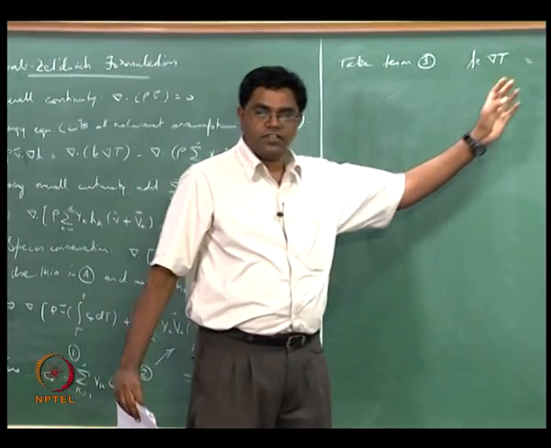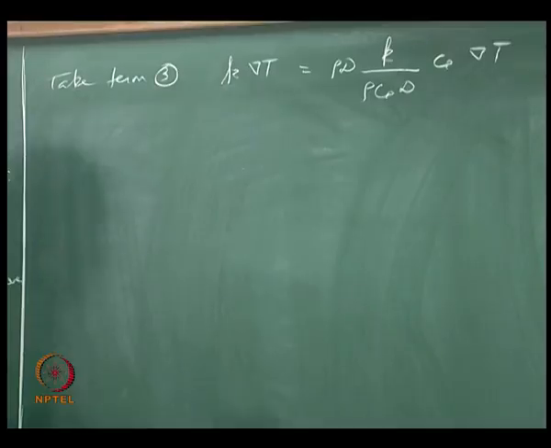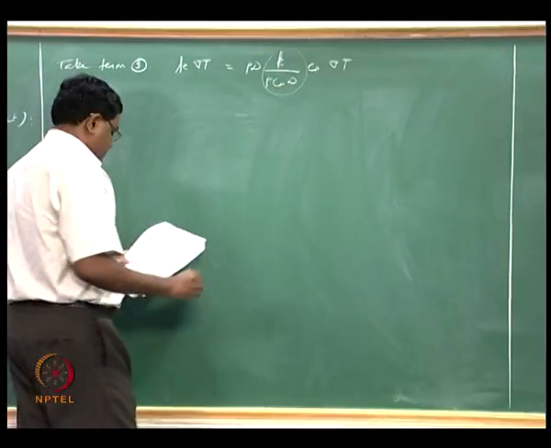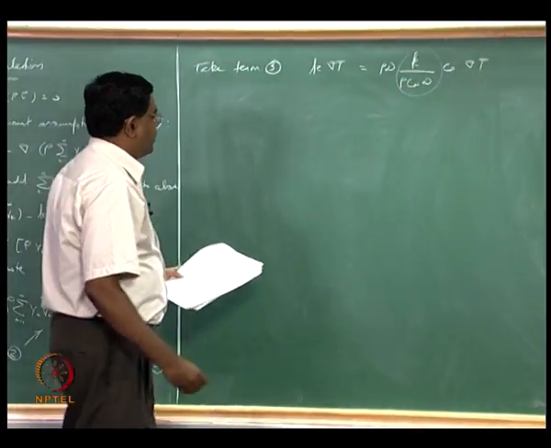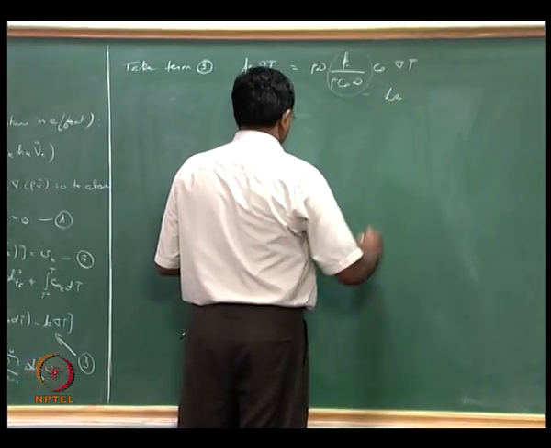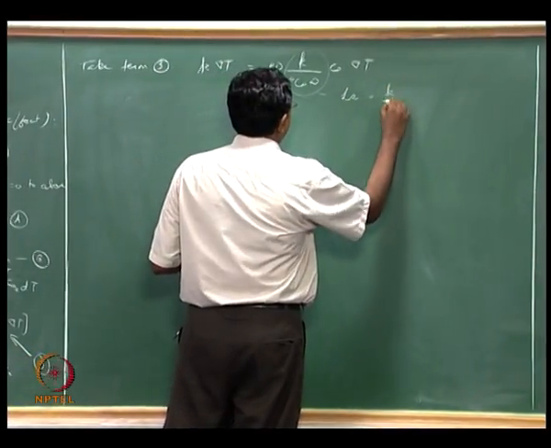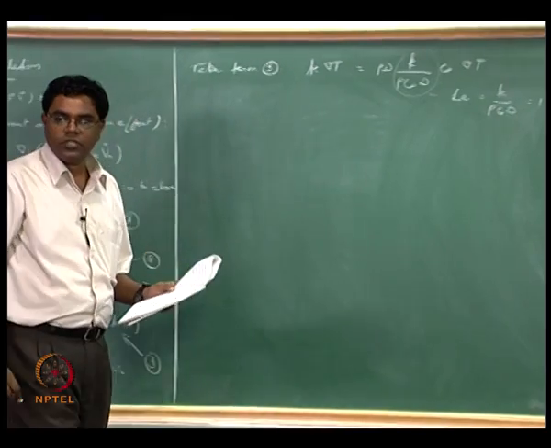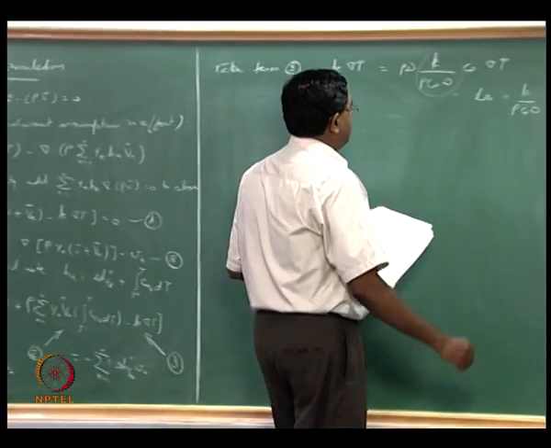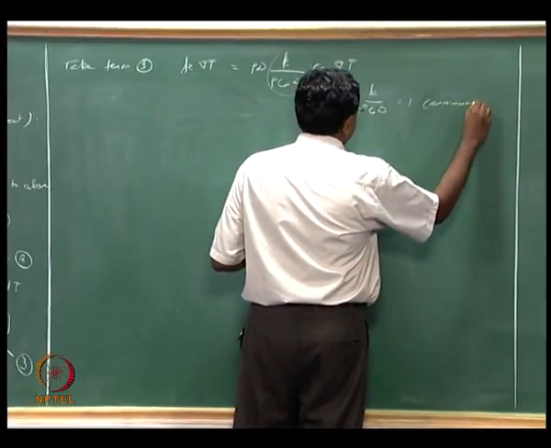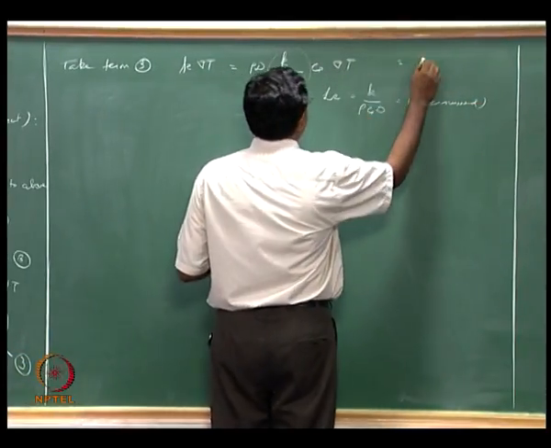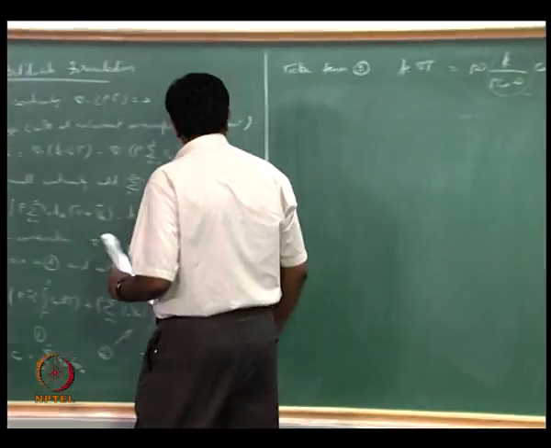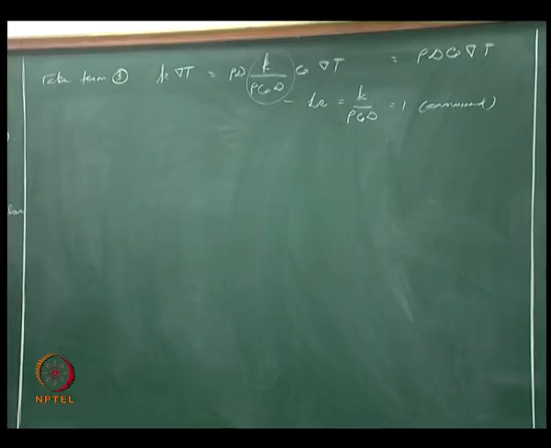That looks like a lot of cosmetics that has been done without any effect, but what's in here now? This is our Lewis number, that's equal to K over rho Cp d, and we have assumed it to be 1, and therefore this is now nothing but rho d Cp grad T. That is what you are going to get for the third term.